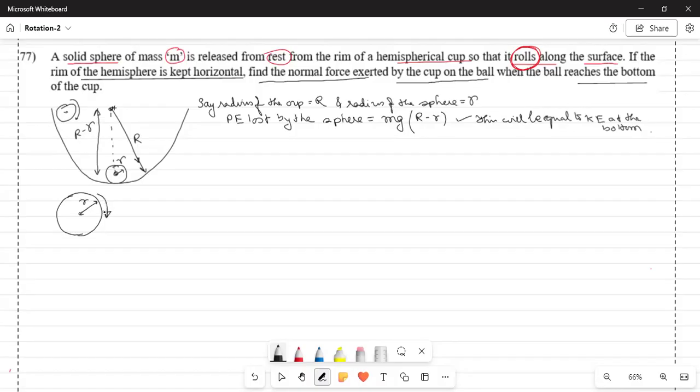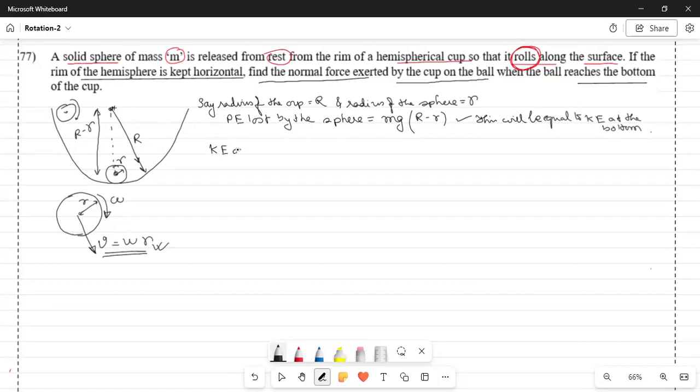When the ball is rolling down with some angular velocity omega, then its center of mass has a linear velocity v, and since it is rolling down, as I cautioned you earlier, the relation v equals omega r holds good, because it is simply rolling down. We use this concept. What is the kinetic energy at the bottom?